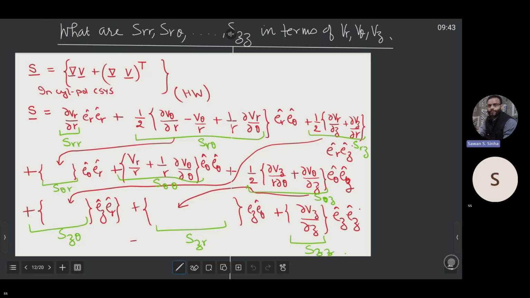You will get something like this. Some components I have put there, some components I have left as homework. Please do this. SRR will turn out to be del VR del R. That sounds simple. But look at SR theta. So many things are there. And then SRZ is also simple, more like Cartesian coordinate system. But some other components are more complicated.